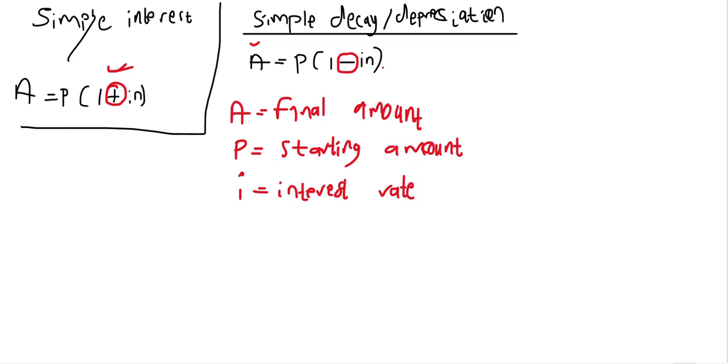An easier way to write it: when they tell you that your I is 8%, you can just write 8% as it is. Automatically it will convert it to 0.08. So for the interest rate, just write it the way it is, as 8%. And then N is the compounding period, not the number of years, but the period.